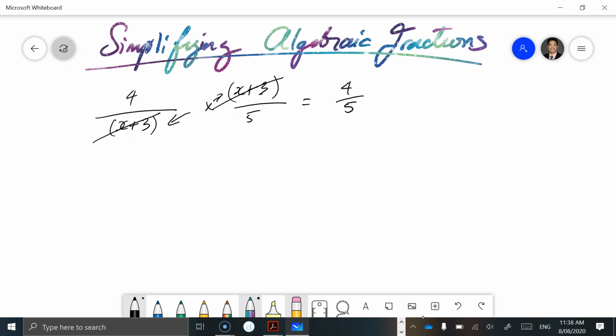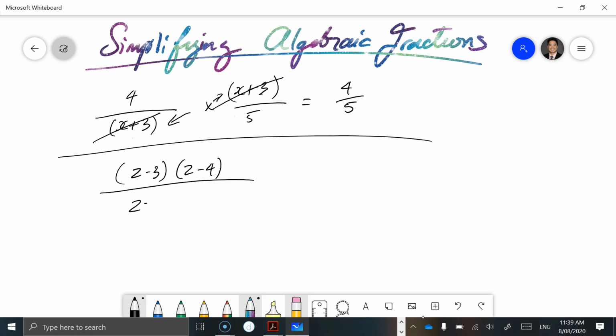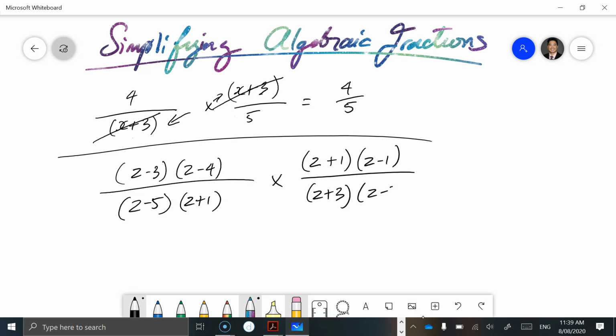Okay, if we moved on to something a little bit more substantial, and we had, say, z minus 3, z minus 4, z minus 5, z plus 1. So that's a z, not a 2. And then we've got z plus 1, z minus 1, and then we have z plus 3 and z minus 3. We're going to do exactly the same thing. We can look at the factors that are diagonal.